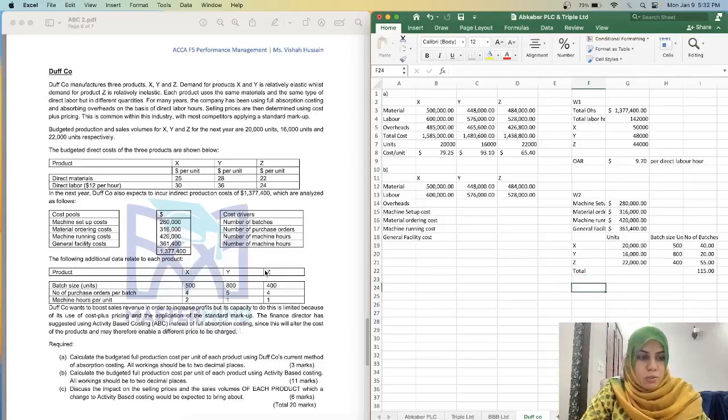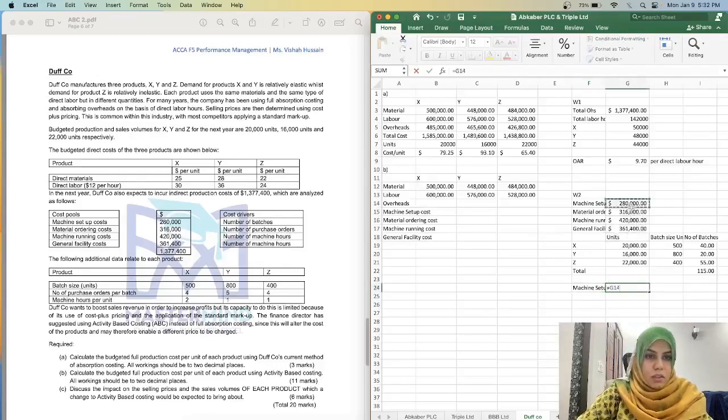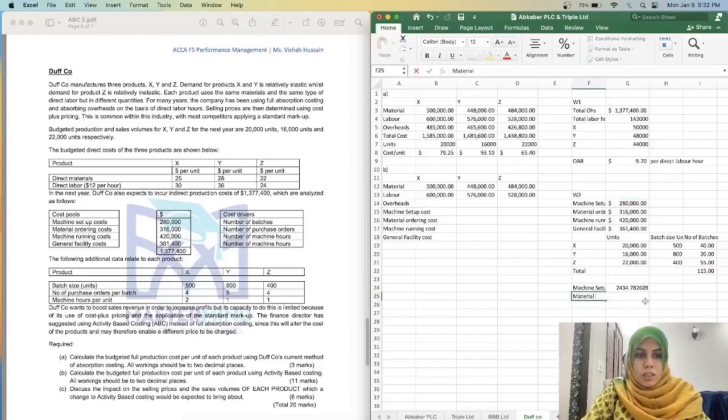So let's first compute the machine setup cost OAR. Next we have material ordering cost.